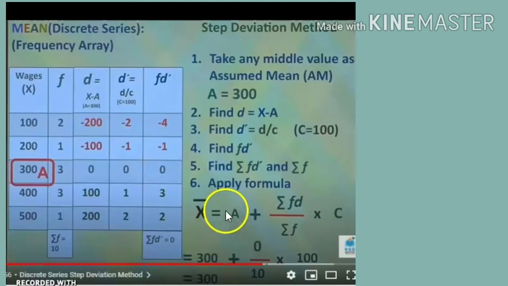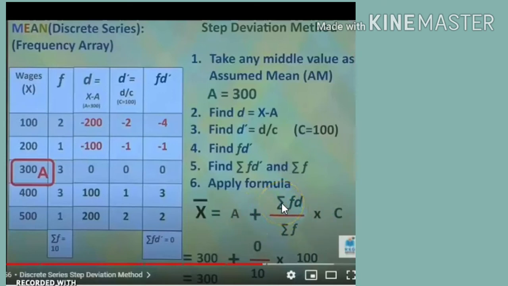So by substituting the answers you will be getting, that is the formula. Always keep in mind that you have to write it like this only, that is x bar is equal to a plus, the division sign has to be written simultaneously, the same as this plus sign, that is this line has to be same as this line.